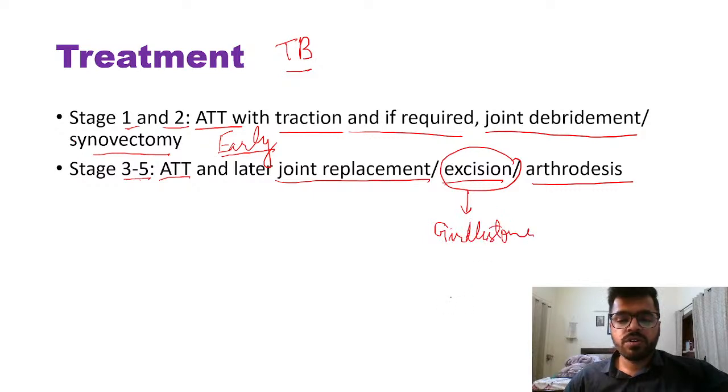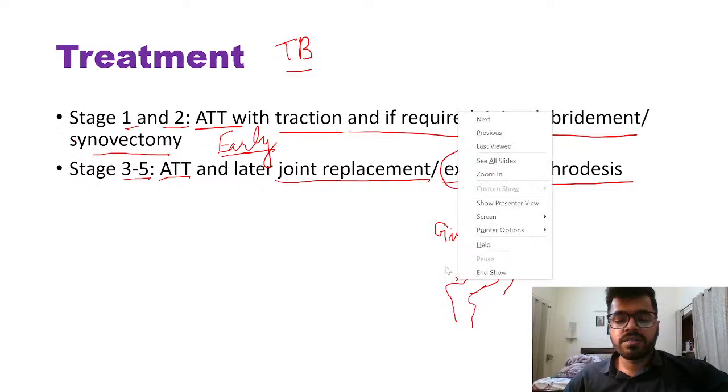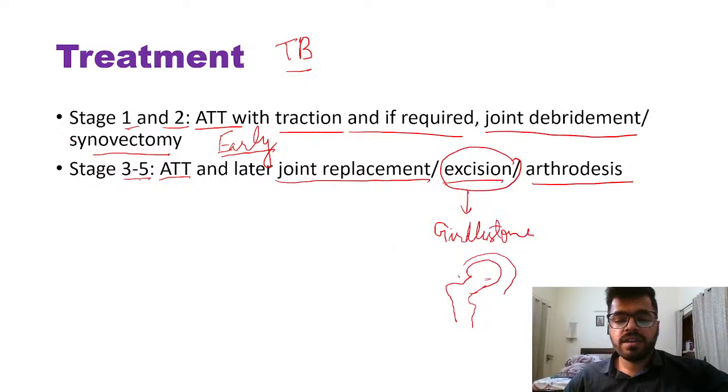In Girdlestone, suppose this is the neck of the femur, this is the head, this is the acetabulum. We cut the head and neck from here and remove it.